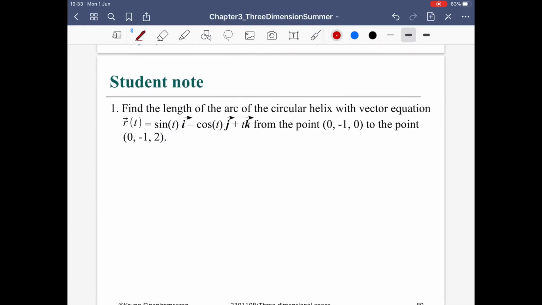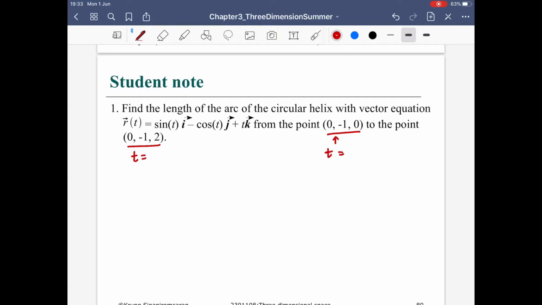Let's take a look at the first example. You want to find the length of the circular helix starting from the point (0, -1, 0) to (0, -1, 2). What you need to know is the t at the beginning and the t at the terminating point.